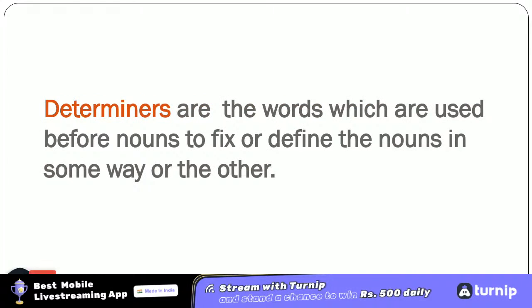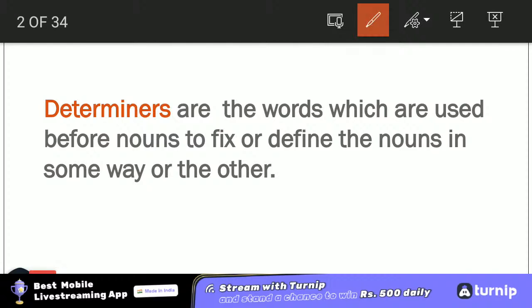See, first of all, what are determiners? Determiners are the words which are used before nouns. So you can easily categorize what nouns are. Nouns are the name of a person, place, animal or thing. उन लोगों की क्वांटिटी और क्वालिटी बताने के लिए कुछ वर्ड्स यूज करे जाते हैं जो नाउन्स की क्वांटिटी और क्वालिटी बताएंगे.